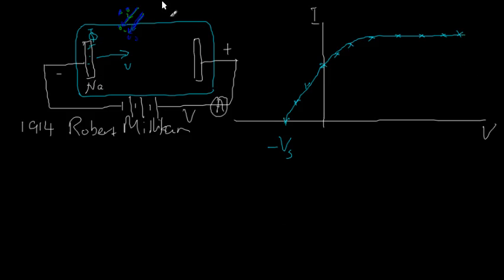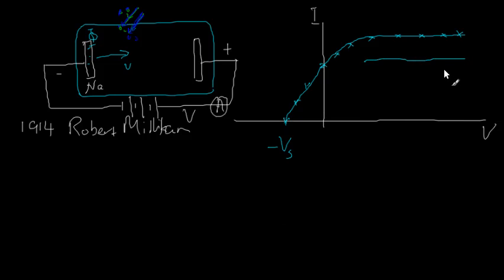And this was for a particular brightness of the blue light. Now what he found was that when he changed the brightness, let's say when he lowered the brightness, he finds that the current becomes smaller.